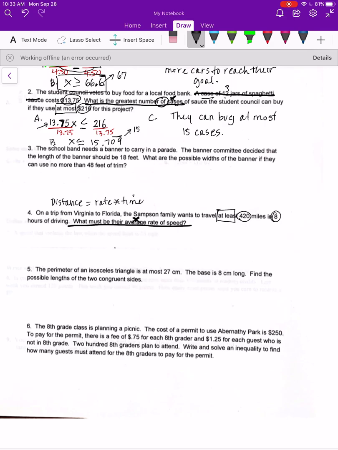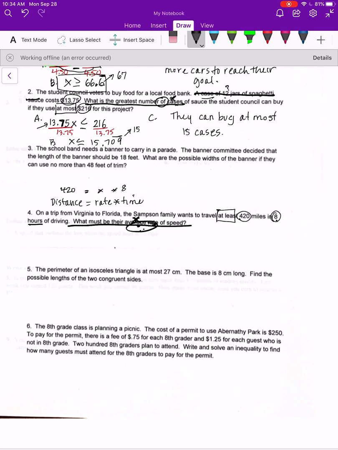So that's the time, 8 hours. Rate, average rate, that's my x. So 8, and then you're going to multiply by your rate. Your rate is what we don't know, average rate. So that's our x. Time was 8, and the distance was 420.